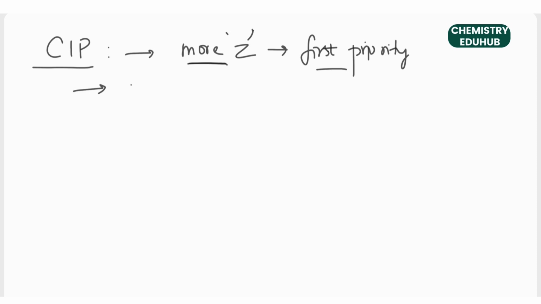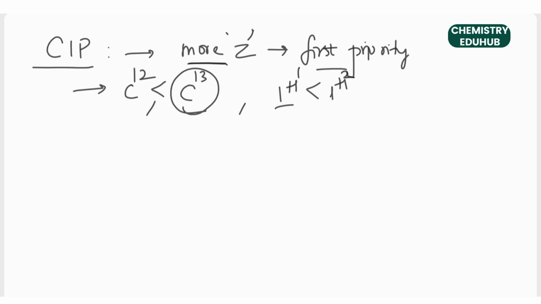And also if the two atoms are the same, suppose C and C, but their mass numbers are different, that is C-12 and C-13, C-13 is given more priority. Similarly, H-1 and H-2: H-2 is given more priority compared to H-1 because of more atomic mass when the atomic number is the same.